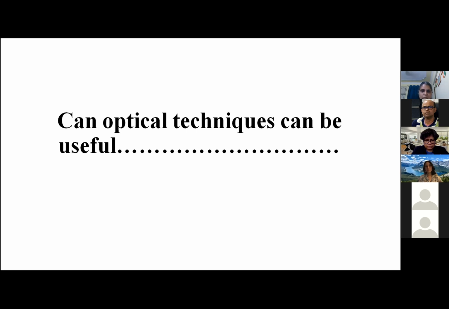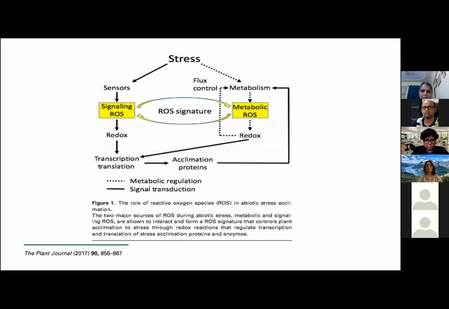We can exploit that property or situation to use some special techniques. We can use various optical techniques to find out the differences, or you can say that when you are doing the metabolome, or further down the biochemical profile of the plant is changing, you can detect that using various kinds of physics-related or optical techniques, right?